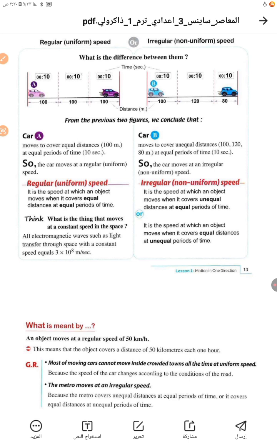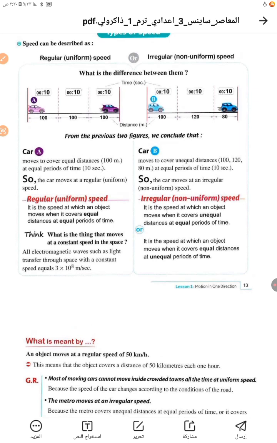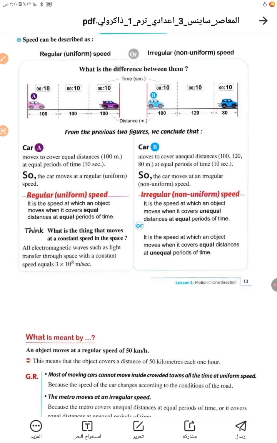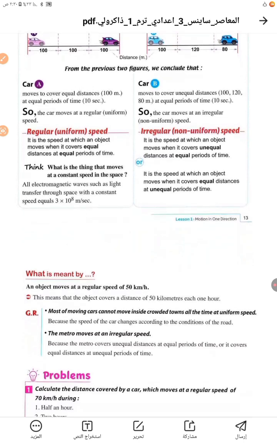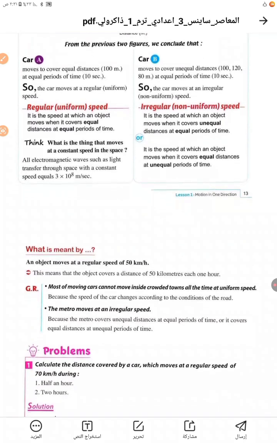So the car moves at an irregular non-uniform speed. That is logical: car A covers equal distances in equal times, so it has a regular, uniform speed. Car B covers different distances at the same time, so it has an irregular speed. Regular uniform speed and irregular non-uniform speed.